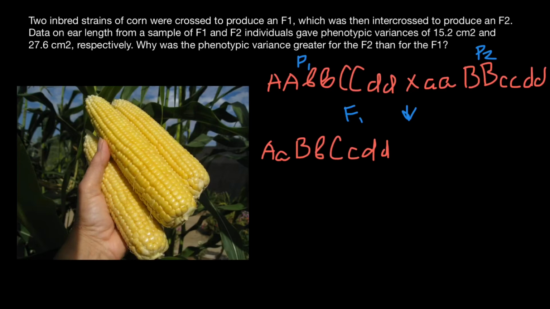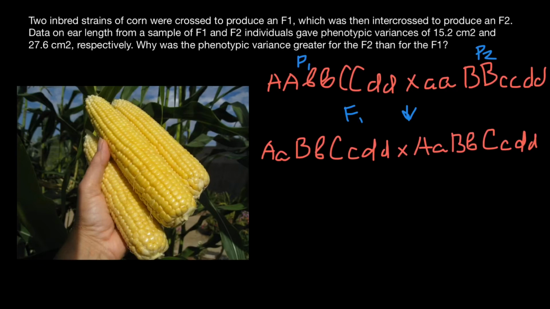Now, if we cross this representative of the F1 generation with itself, that means with the same genotype, because all F1 generation is going to be genetically identical. In the next generation, we are of course going to see different genotypes.